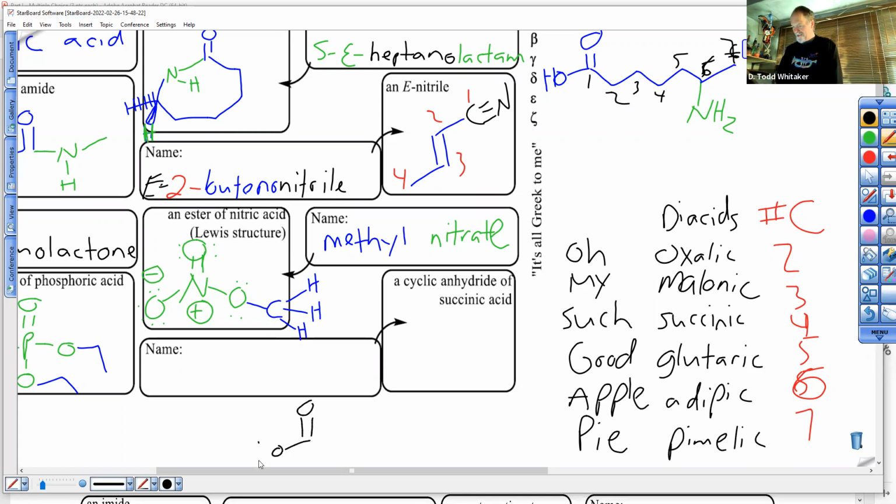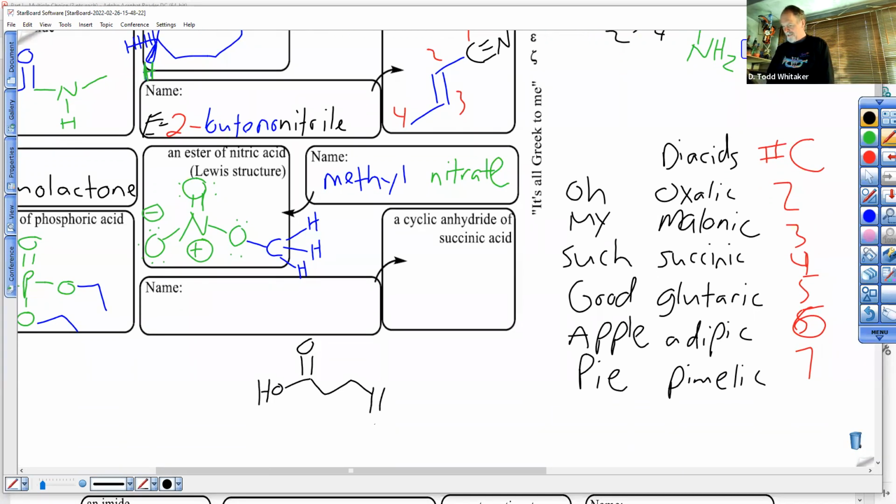It is not your answer here. It's how we start our answer. 1, 2, 3, 4. Carboxylic acid number 2 out here. Looks terrible. How do you make an anhydride from 2 acids?